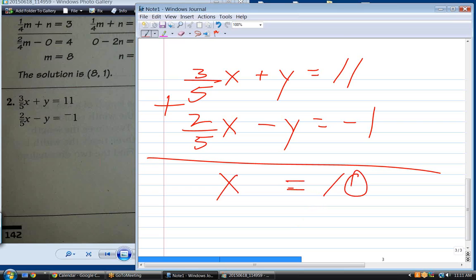Now, which one should we plug into to solve for y? The top one. Yeah, because again, that plus y is going to make it easier than this negative y. Okay, so plug in x equals 10 and solve that one.